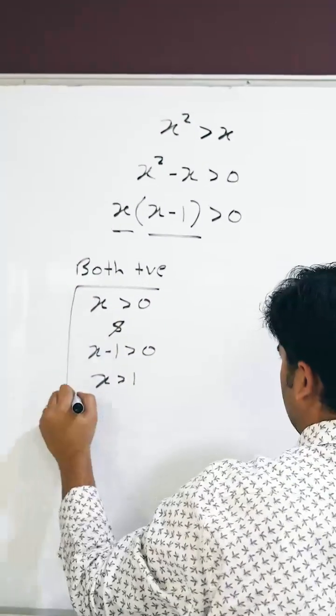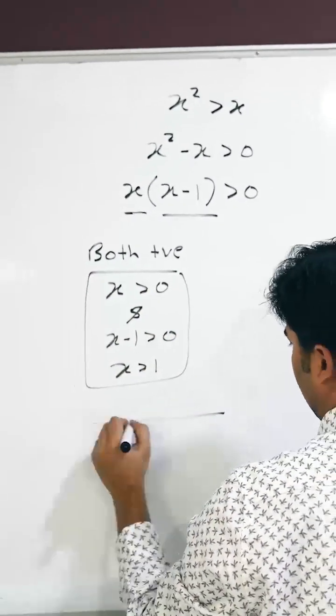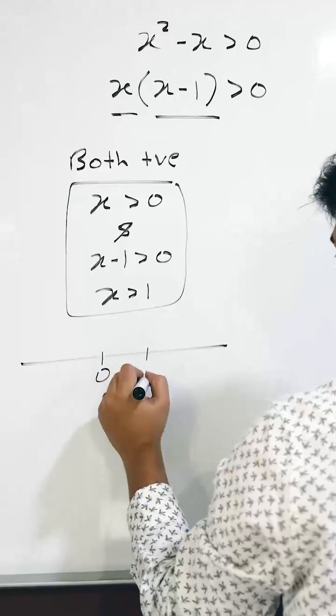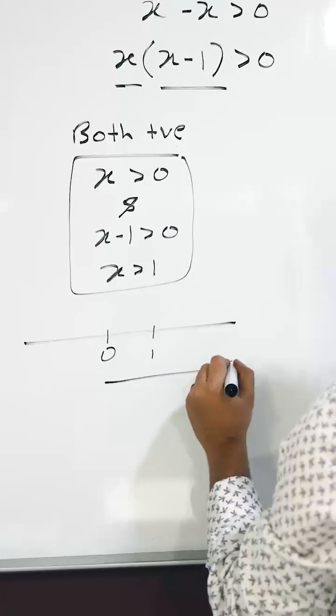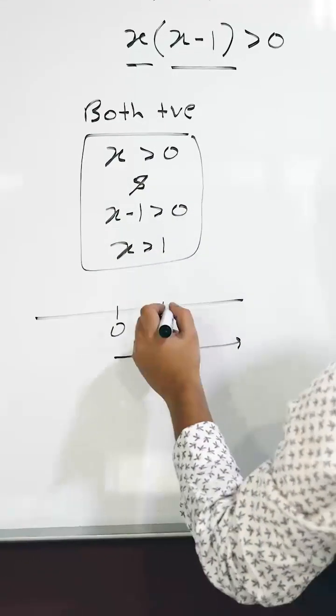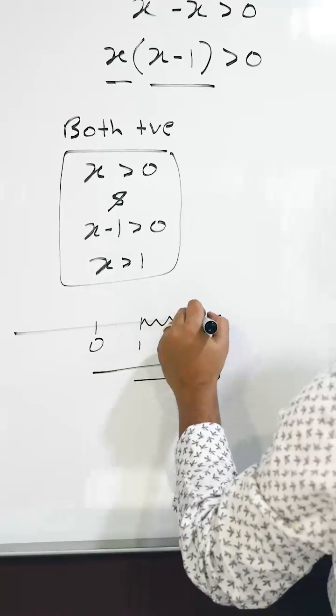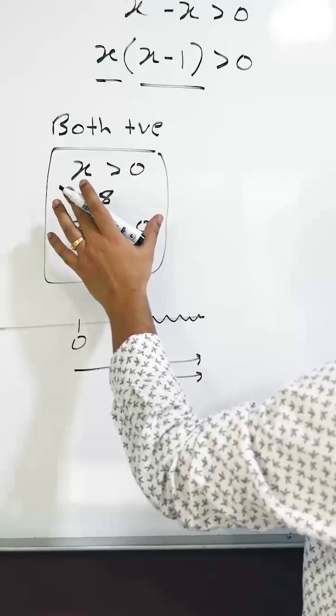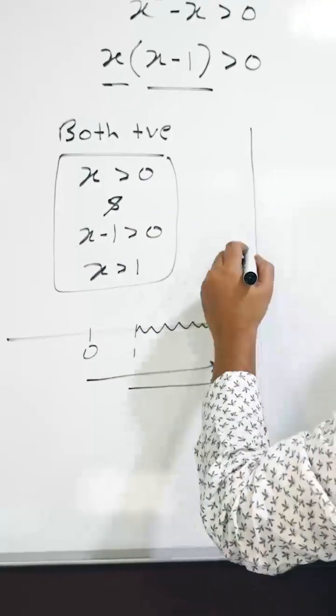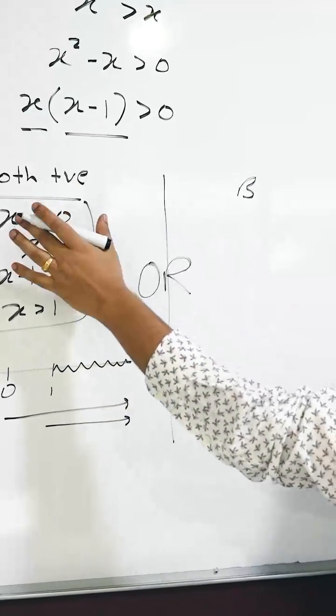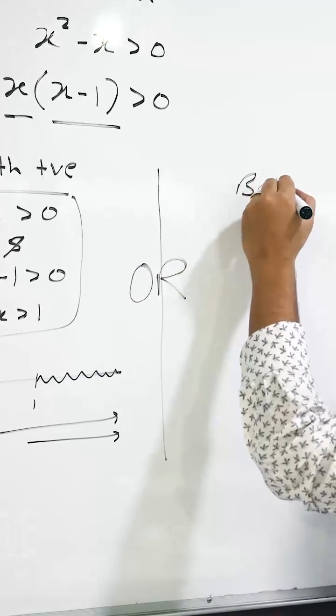So if I look at this solution, what is the end result? I can clearly see that x is greater than 0 and x is also greater than 1. So I relate that x will always be greater than 1. This is one possibility. Now comes an OR. Now this is one scenario. Let's take the other scenario.